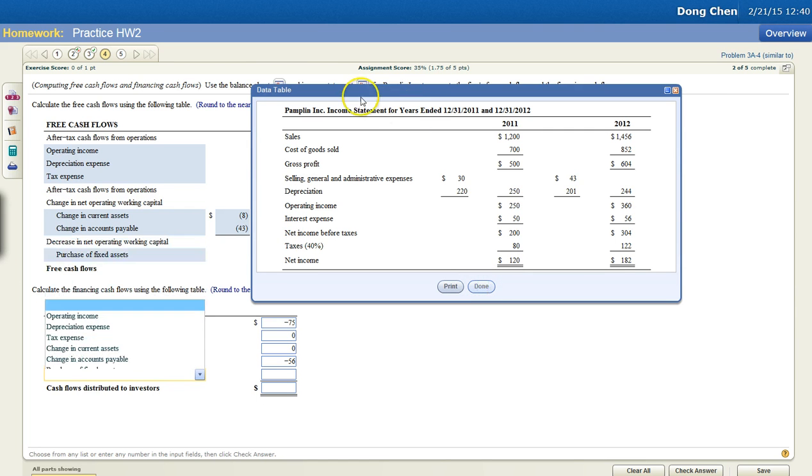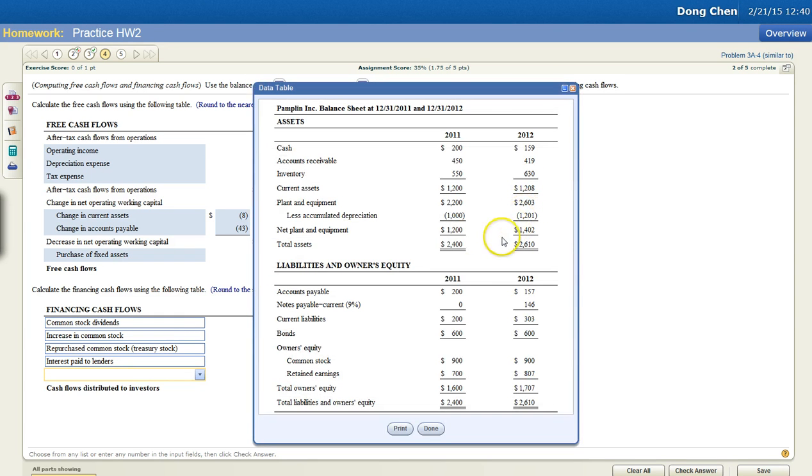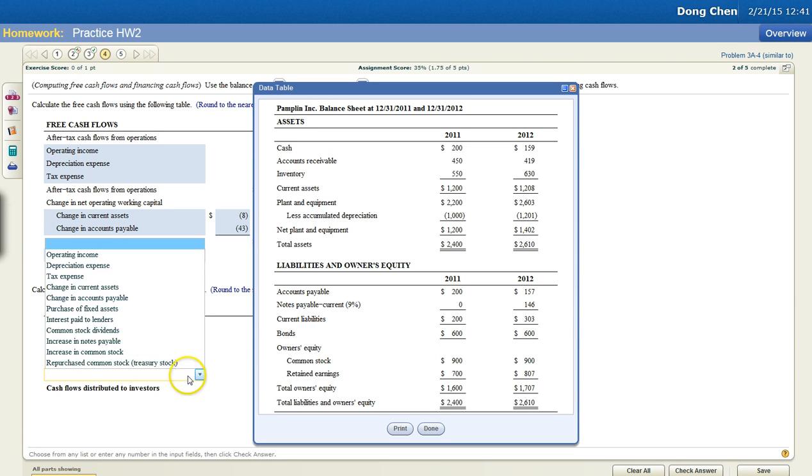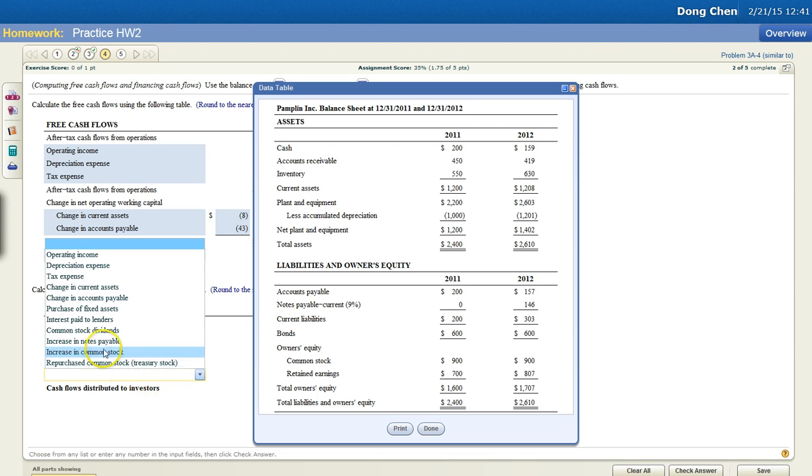So let me double check. Go to the balance sheet to find out. Yeah, we do have bonds. Bonds are long-term debt, but it doesn't go up. It doesn't change, so it doesn't bring any impact on the financing cash flow. That's why in this drop-down menu we only have the increase in the notes payable.